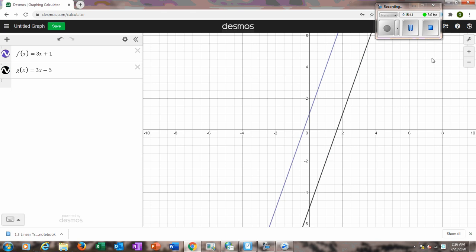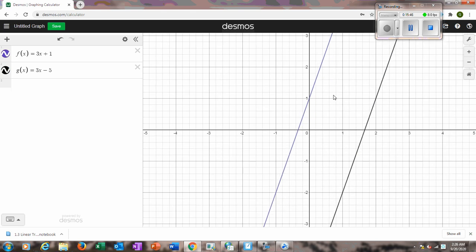So what you'll notice is that I had this point here, 0, 1, and now it's shifted to the right 2 units, and I now have 2, 1. So this was my original function, shifted to the right 2 units.